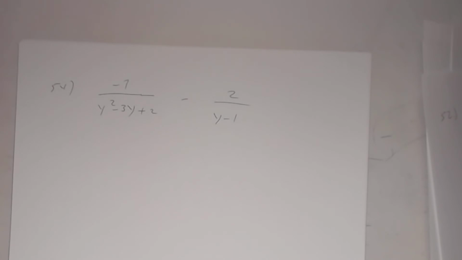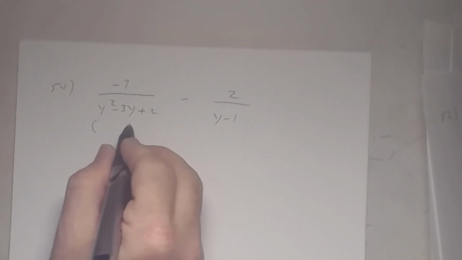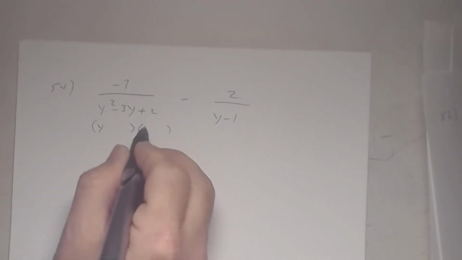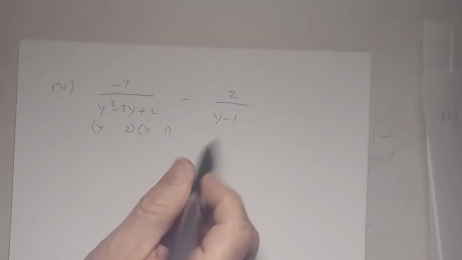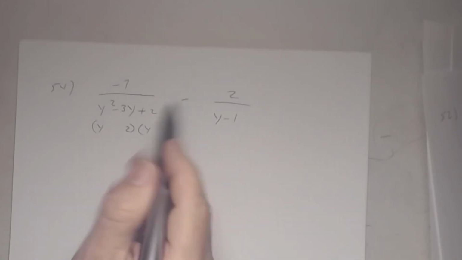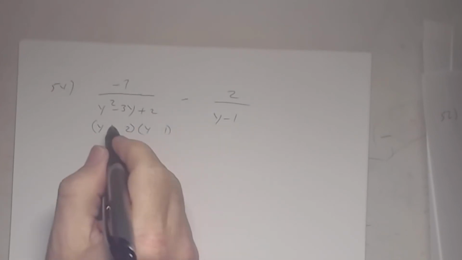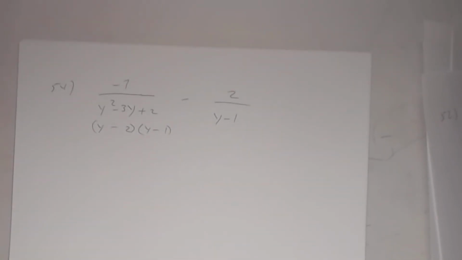The only thing you can factor is that first denominator. The last sign is positive, so they both have to be negative 2 and negative 1.